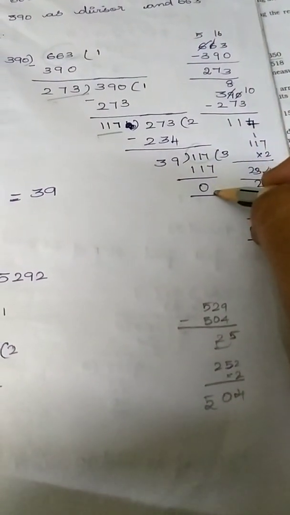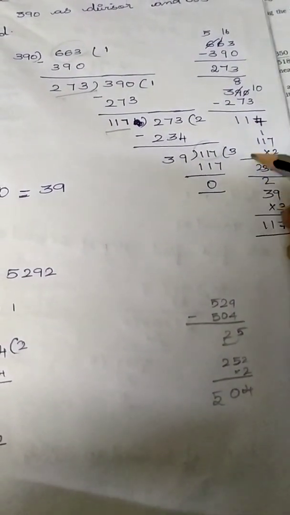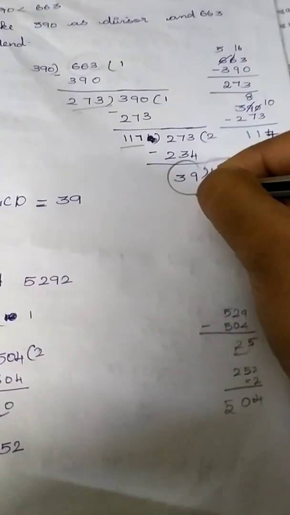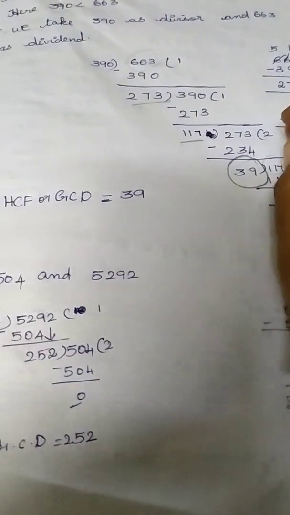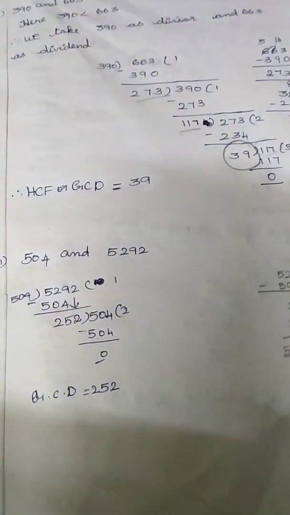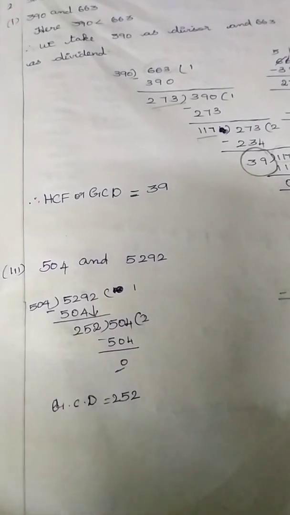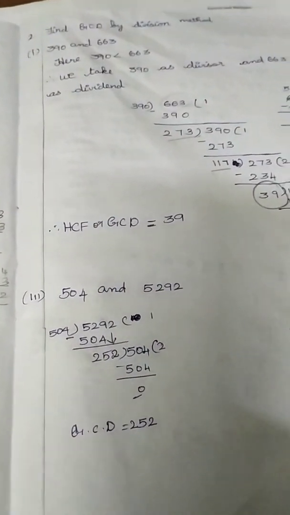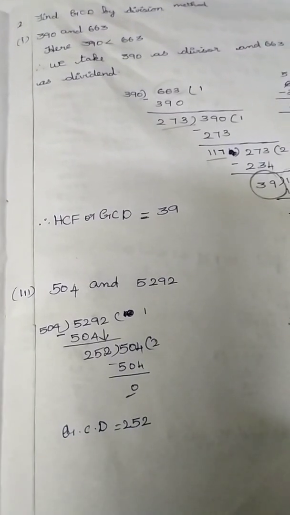So 117 minus 117 is 0. Your remainder is 0. So what is your divisor? 39 is your divisor, so that is your HCF. You have arrived at the answer: HCF is equal to 39. Since in the question they have mentioned the word GCD, we write GCD is equal to 39.